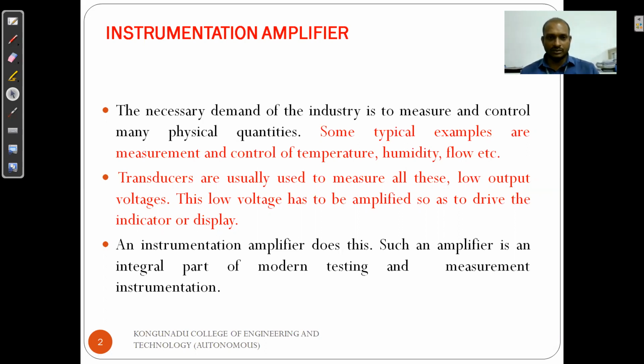For industrial purposes, we need to measure many physical quantities like temperature, humidity, and flow. For that purpose, we are going for the instrumentation amplifier. This instrumentation amplifier amplifies the transducer's low output signal. Then the amplified signal is given to the indicating devices.